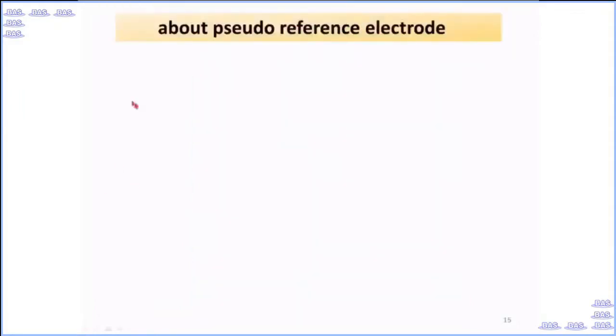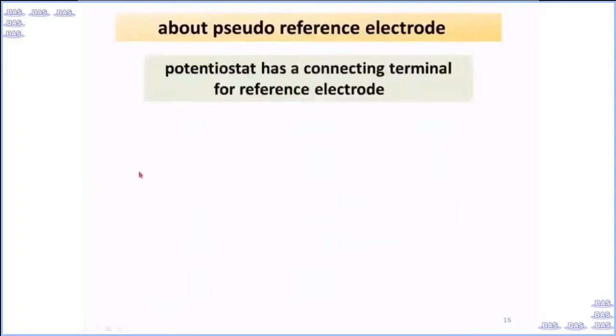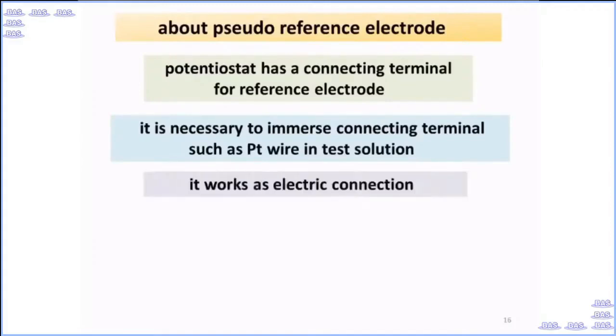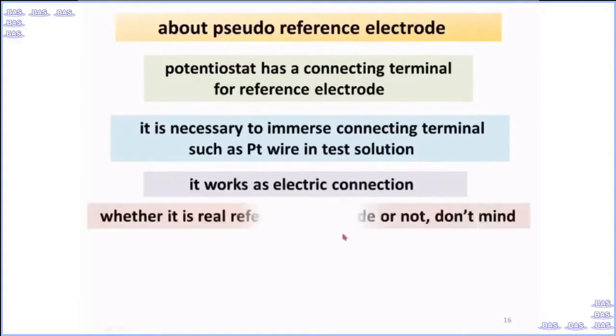About pseudo reference electrode: the potentiostat has a connecting terminal for the reference electrode. It is necessary to connect the terminals, such as a platinum wire in the test solution. It works as an electric connection.